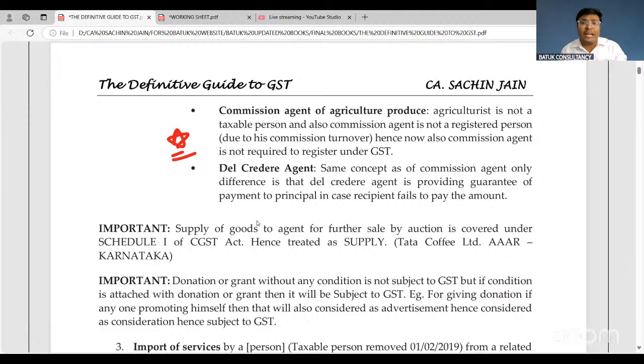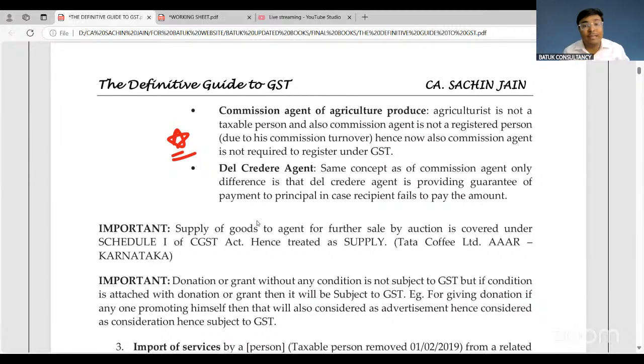Now there is one more type of commission agent, the Del Credere Commission Agent. A Del Credere Commission Agent is just like a commission agent, but that person is going to provide the guarantee for the amount. One type says, yes, I will provide this deal, I will charge 10% commission, and the remaining everything depends on you.